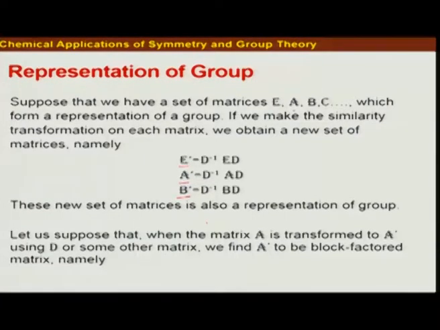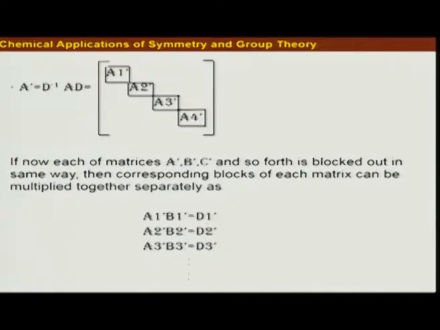All of them are block factored in the same way. Then we are talking about a situation like this. So this A prime is the similarity transformation by this particular matrix D, and this is block factored in this fashion.